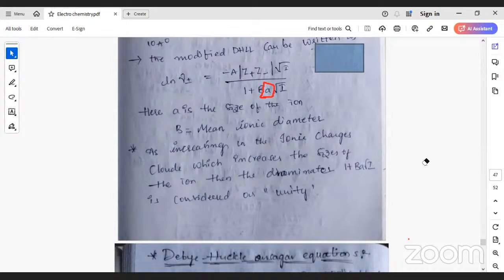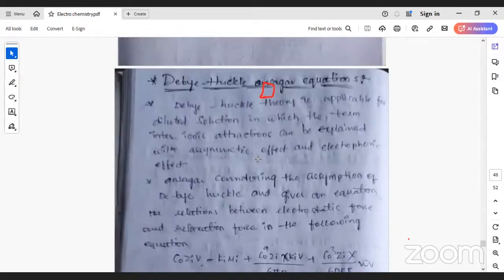Right. One more concept remains, that is the Debye-Huckel-Onsager equation. Later, Onsager added to Debye-Huckel and derived one equation. The concept of this Debye-Huckel-Onsager equation will be discussed in the next class.